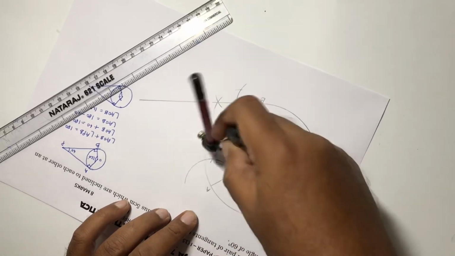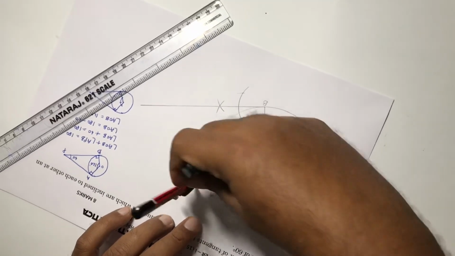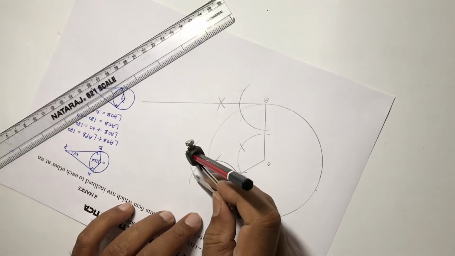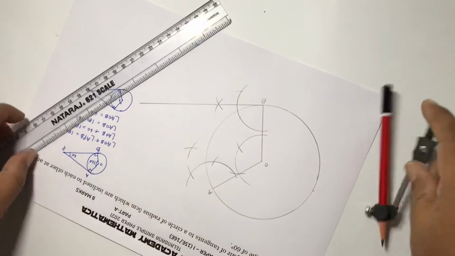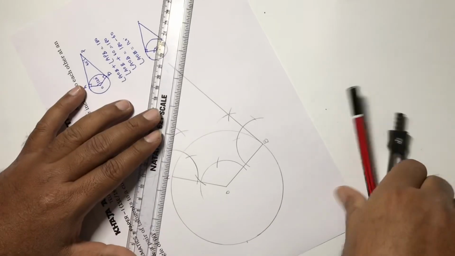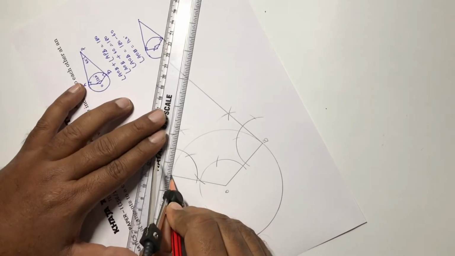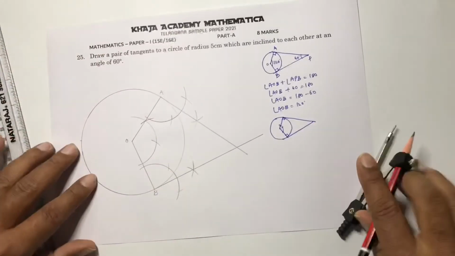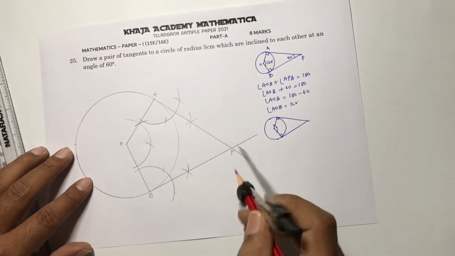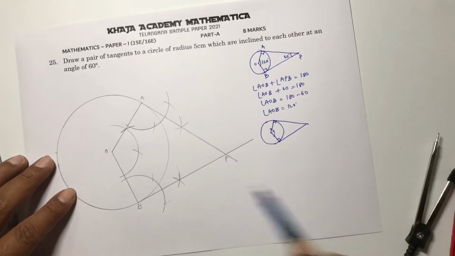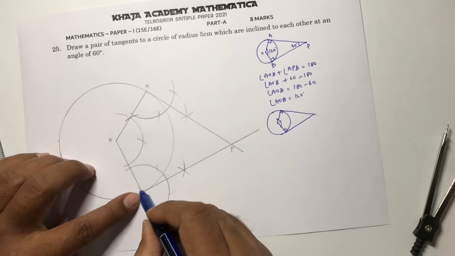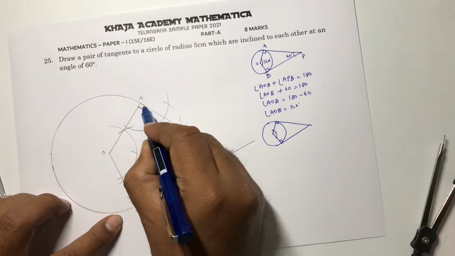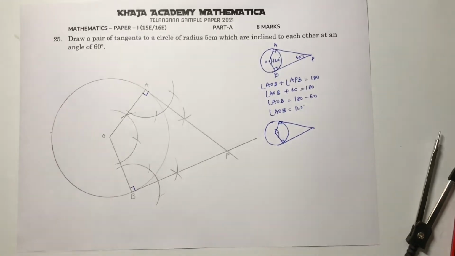So this is 60, this is 120. If we bisect this 60 and 120, we'll get a perpendicular. So here the perpendicular is this one. So this is the required construction. This is P. The angle between the tangents here will be 60 degrees. Here I took 90 because the angle between radius and tangent is 90, and here also it is 90. In this way we need to do the construction.